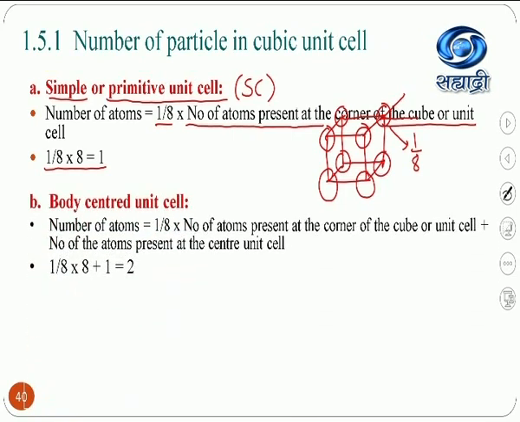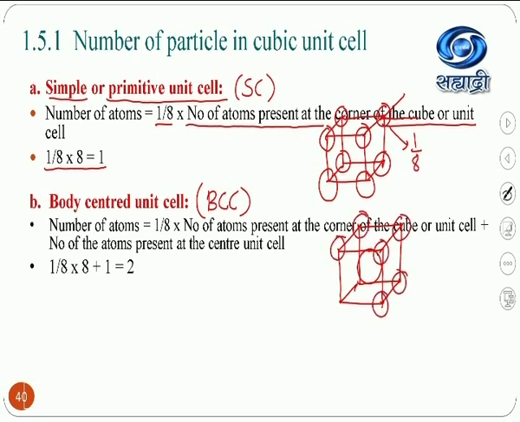Now, let us see the body centered unit cell, again called BCC, body centered cubic system. In BCC, in addition to the simple cubic system, one sphere is present at the center of the cube and 8 are present at the corners of the cube.